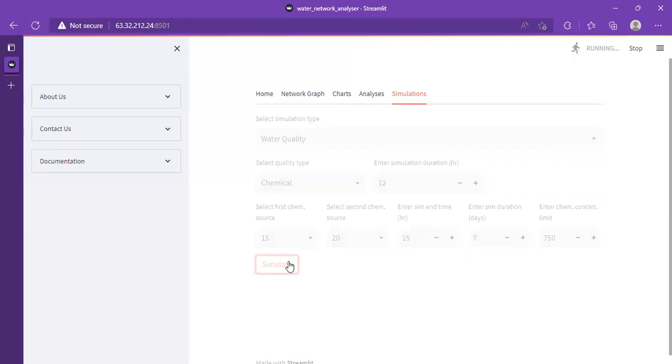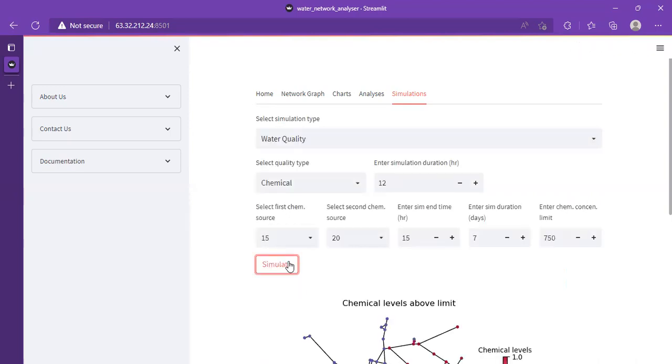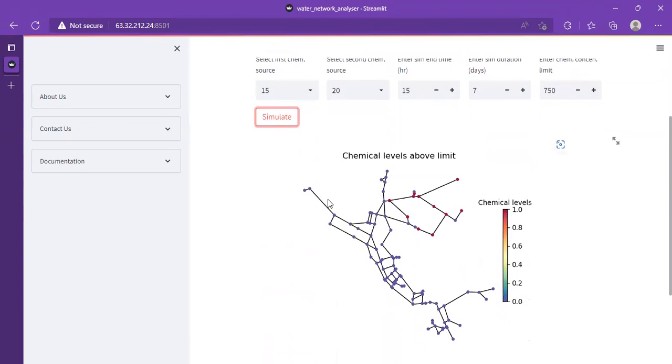So this will query the network to show you the segment of the network that is consuming water that is above the standard. So like we can see in this case, most of the nodes in this arm are actually above the chemical level.